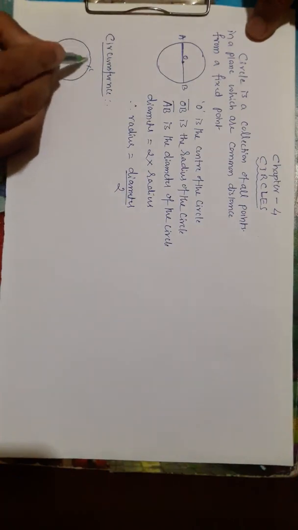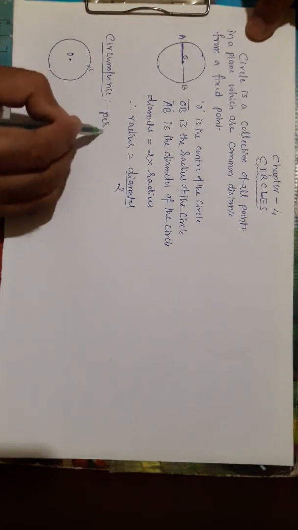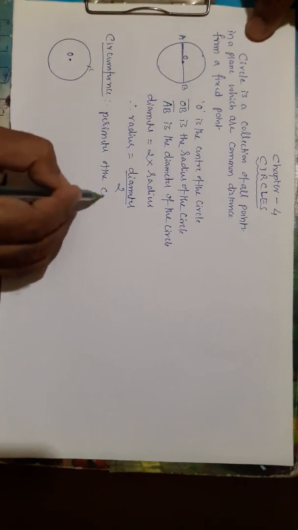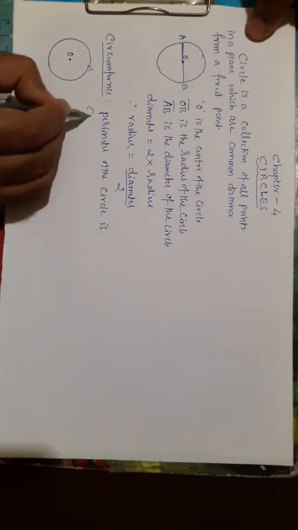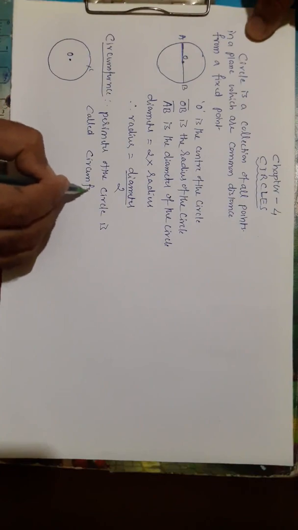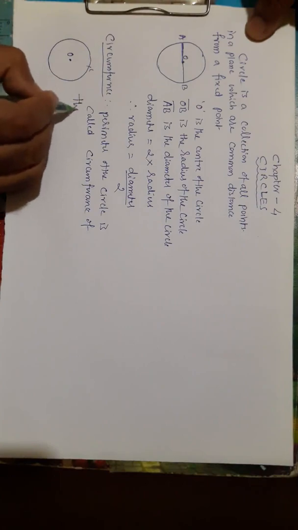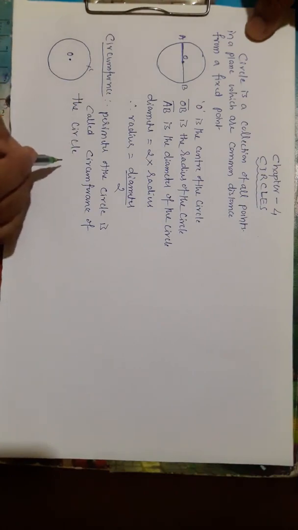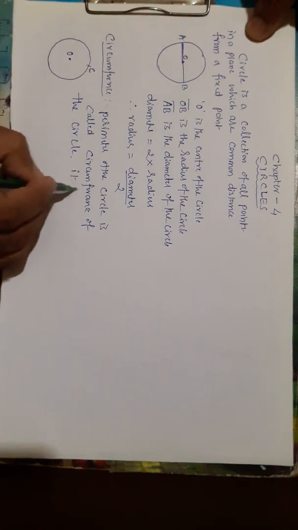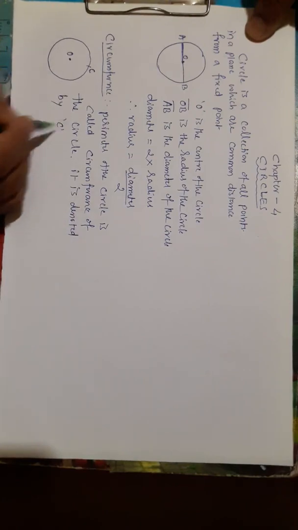The perimeter of the circle is called circumference of the circle, and it is denoted by C.